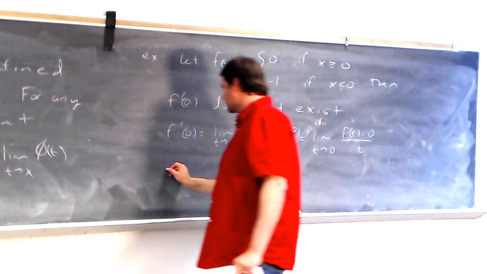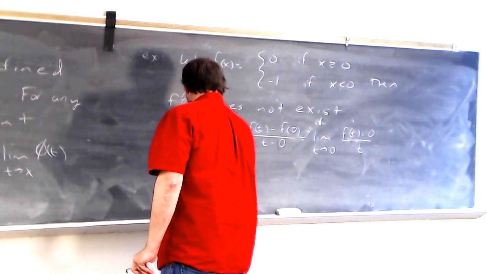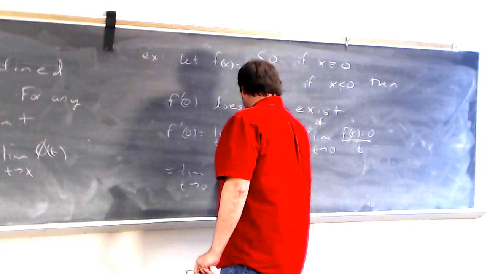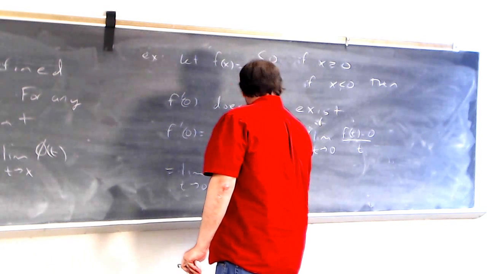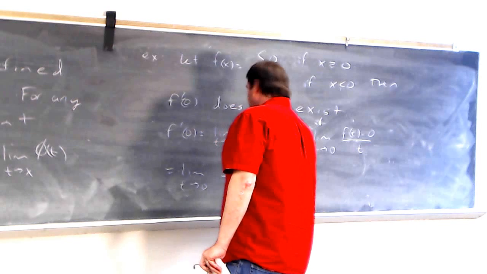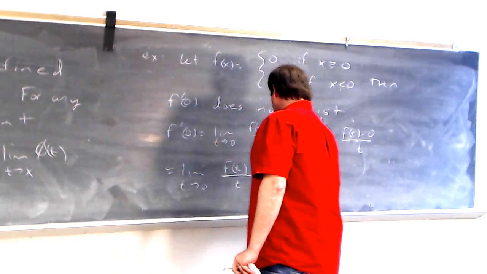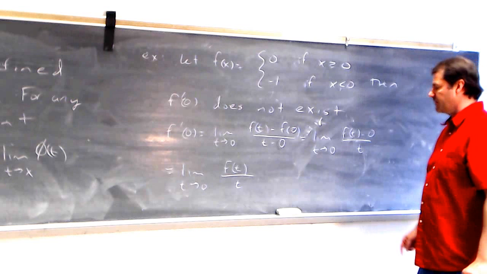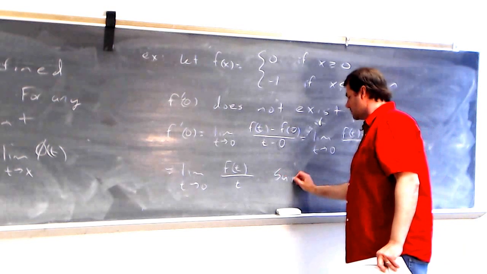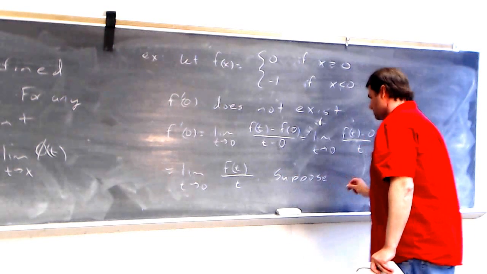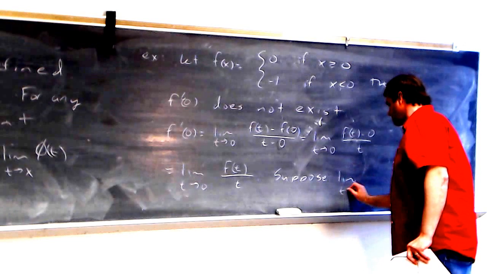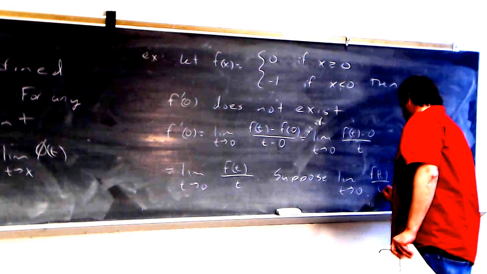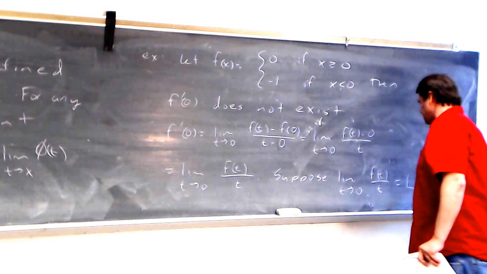And so that's equal to the limit as t goes to 0 of f of t over t. Now, what we're claiming is that this limit doesn't exist. Well, let's suppose it did, hoping to get a contradiction. Let's say it exists, and therefore equals some number L.